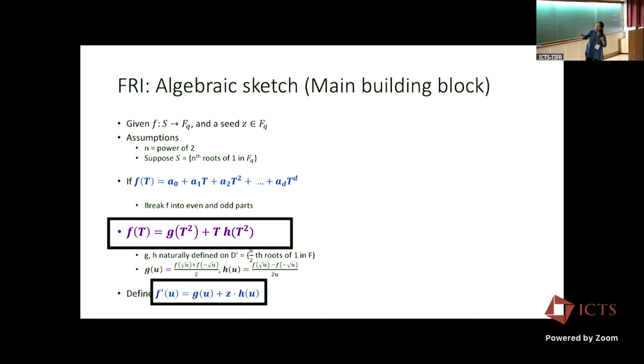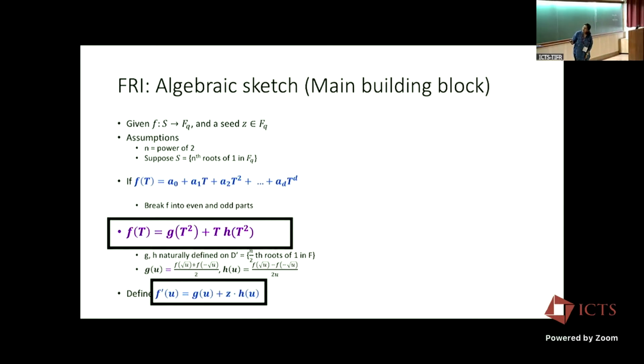So if f is an arbitrary function also, I can still define these new functions g and h, where entry by entry g and h just depend on 2 queries into f. Good. So given a function f, I can define these 2 functions g and h. And if f is degree d, g and h are both degree d over 2. Okay, so from one polynomial of degree d, I got 2 polynomials of degree d over 2.